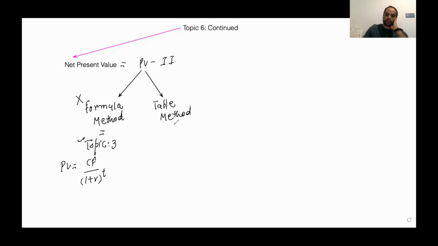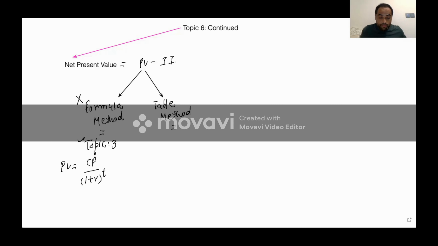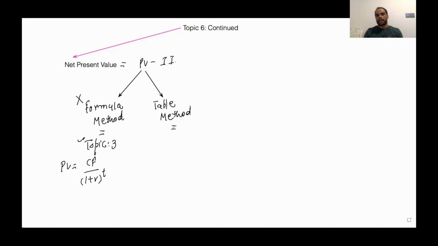Now, the table method. How to calculate present value using the table method? Using the table method means the tables that I sent you before, we will use those tables to calculate the present value, right? Before we apply these two tables, we have to look at the cash flows.